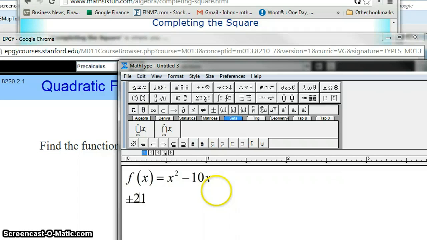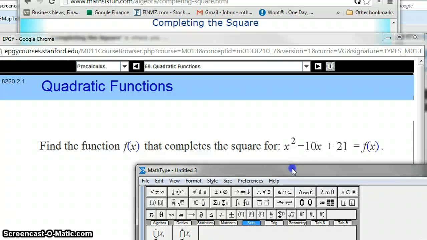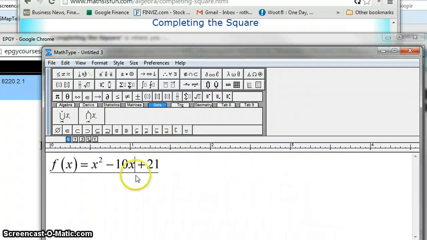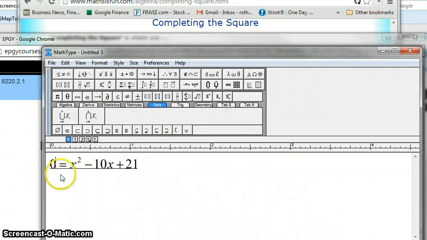So what are we going to do first? Well, we want to call this 0, and we want to isolate this. We don't have any coefficient in front of the x squared. That's the first step. But we don't have any coefficients, so we're just going to move this 21 to the other side, and that makes it minus 21 equals x squared minus 10x.